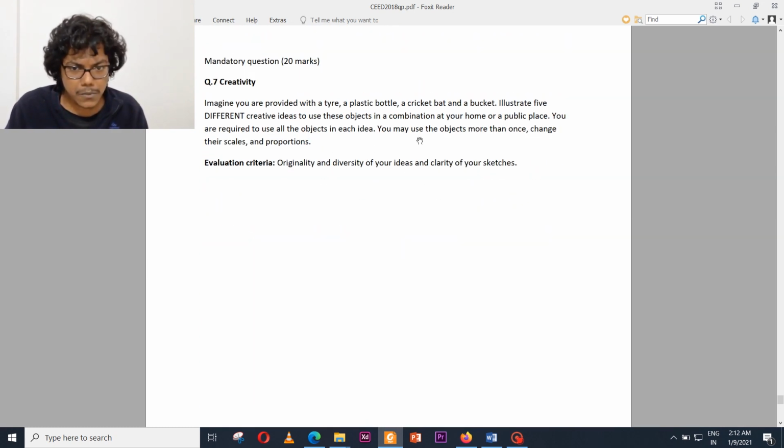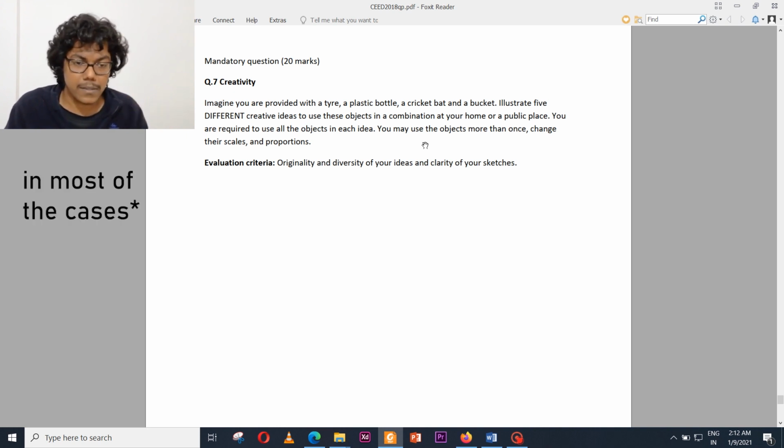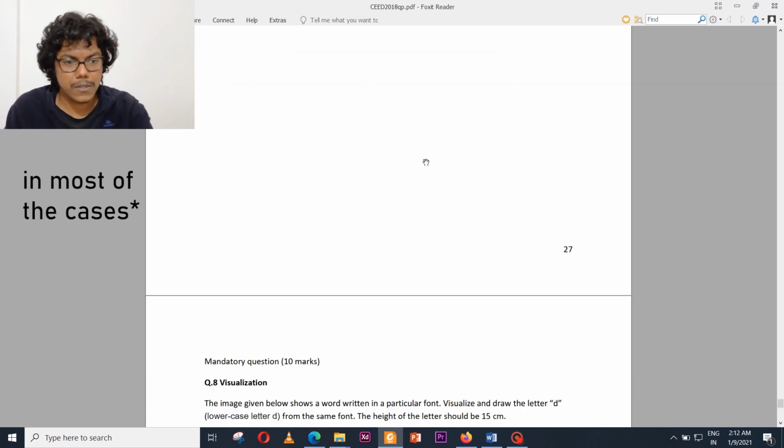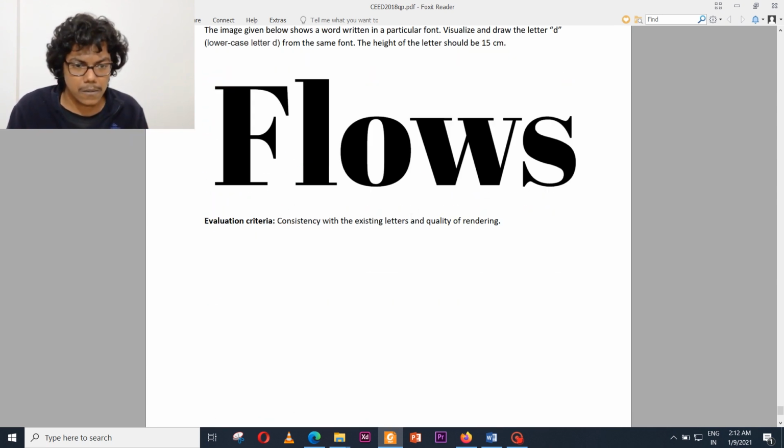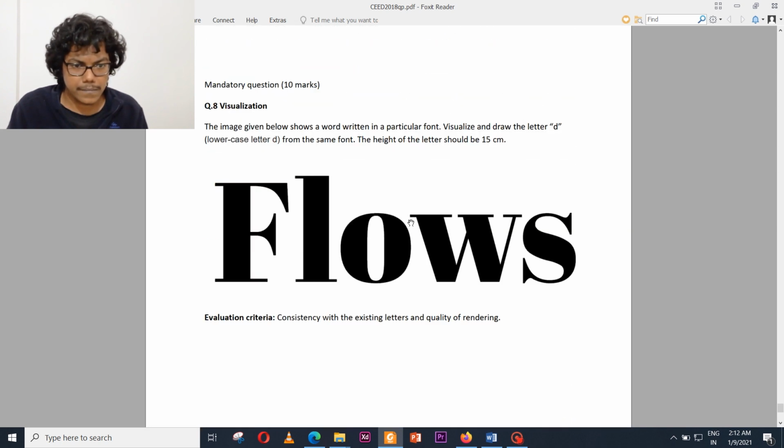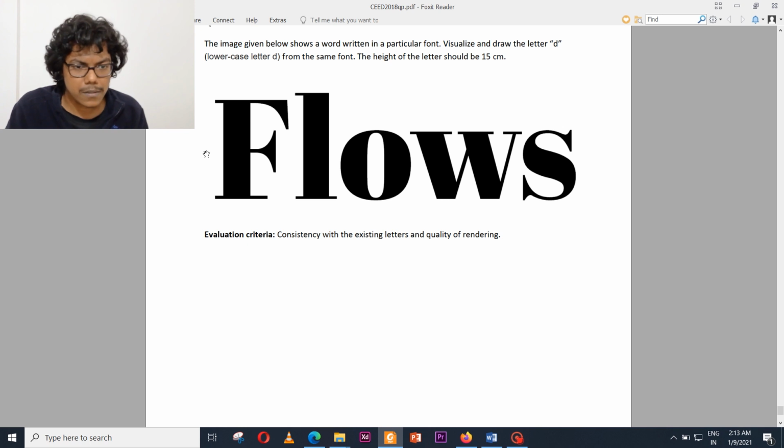These questions, you get stuck after 2 or 3 ideas. So what you can do, you start solving other questions. You have to draw D here with the length of 15 centimeters. See these carefully and then start drawing.